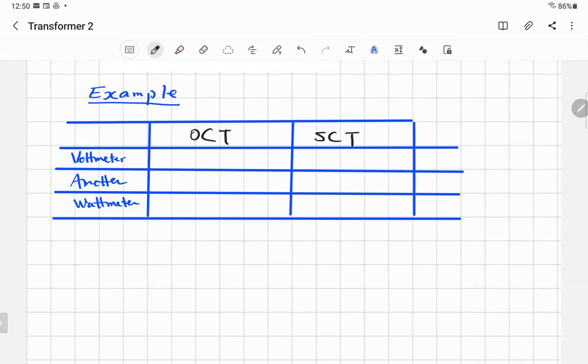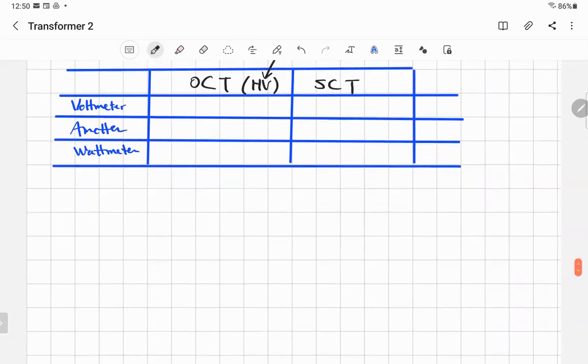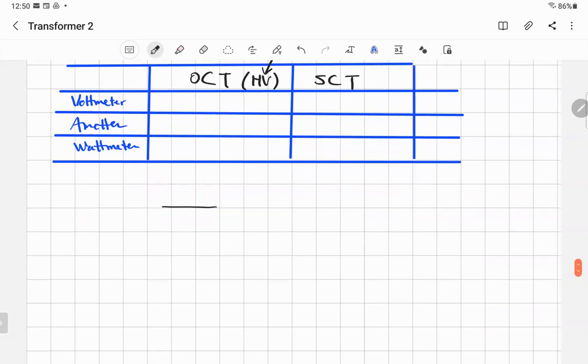The open circuit test is done with the high voltage side open, and they put all the instruments, all the measurements, on the low voltage side. So I'll sketch you something fast here for the open circuit.